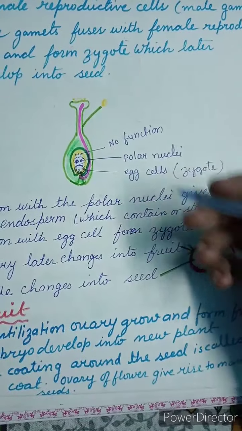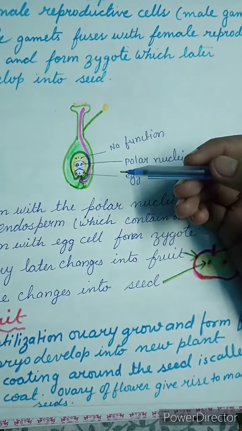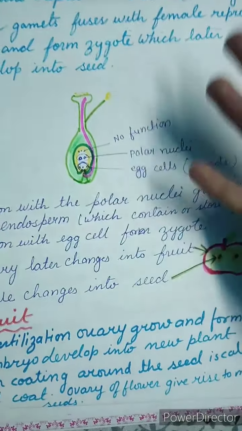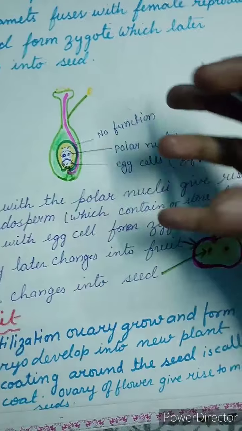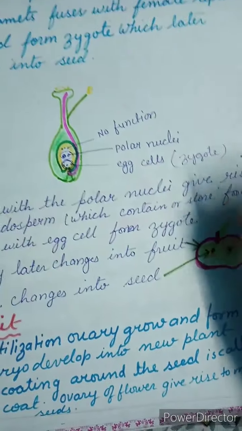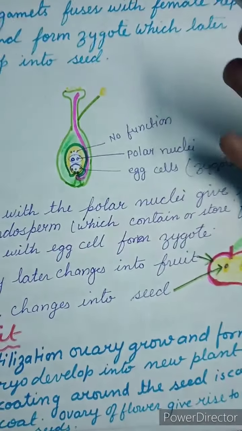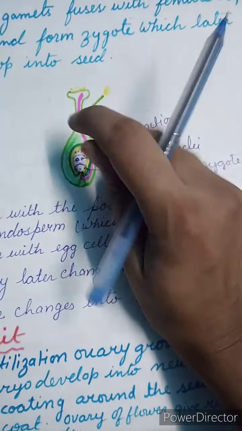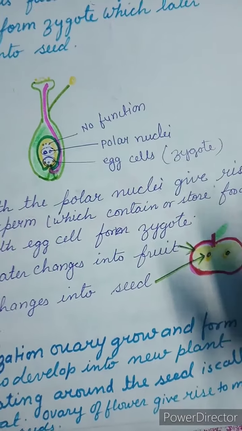You must also remember the other parts of the flower, like the corolla, the petals, and the sepals, will all degenerate, and only the ovary and ovule part will change into the fruit and seed.